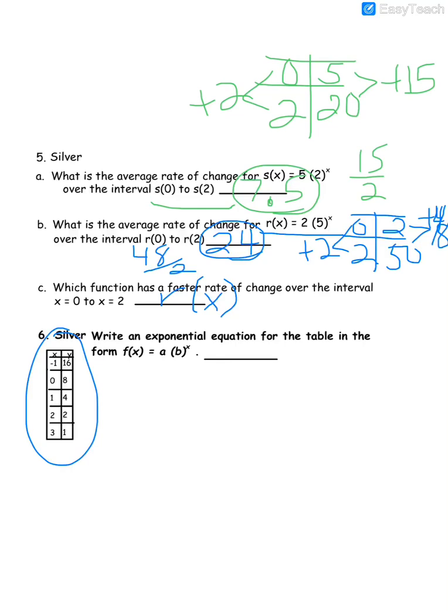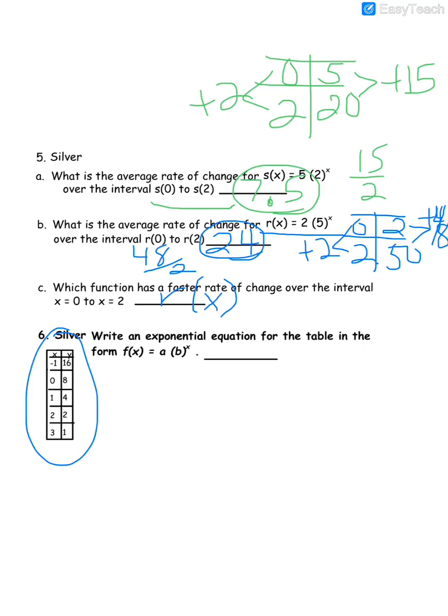So I have -1, 0, 1, 2, 3 in my L1. I think you need at least 3 points. We have 4, which is great, but 3 is probably the minimum. So I have 16, 8, 4, 2, and 1 going in my L2.